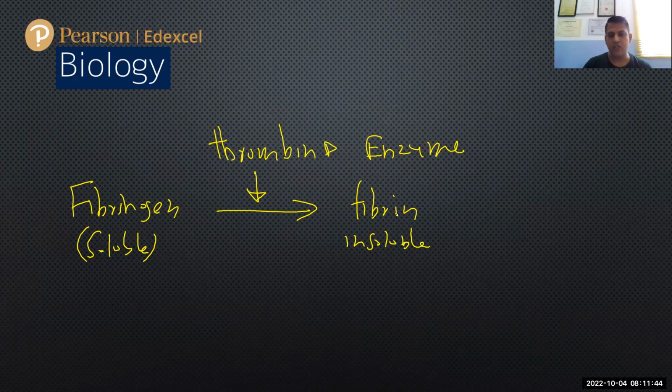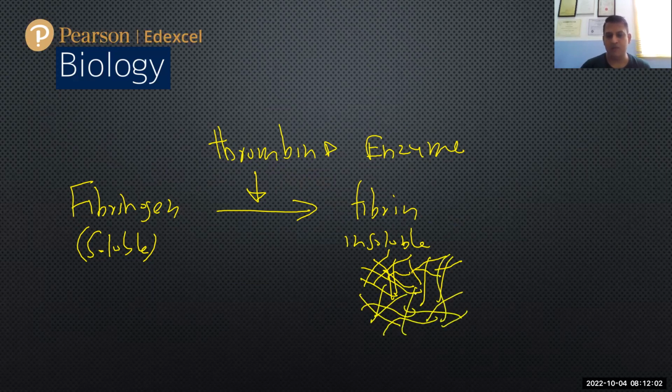So when it is insoluble, we can see it in the blood. It tries to make this kind of network, and this network we can see building up in the plasma. That is called a fibrin mesh.